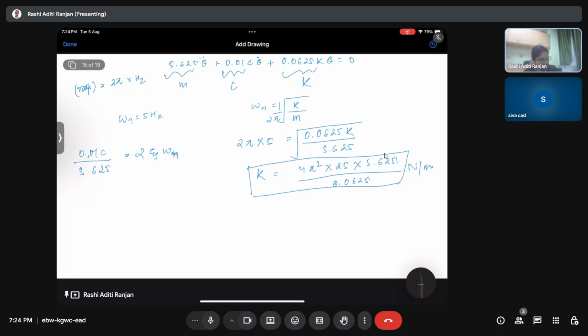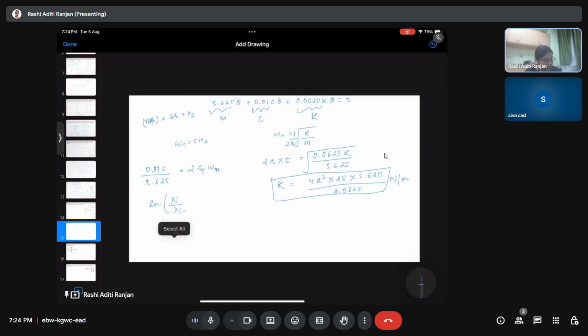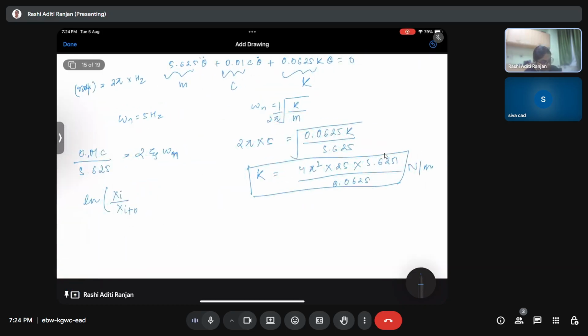First thing is that ln of xi by x i plus 10. How many cycles are we getting? In the question, we have the cycles as 10 cycles. So we are going to have ln of xi by xi plus 10 is equal to 2 pi eta times 10, so from this we can get the value of eta.